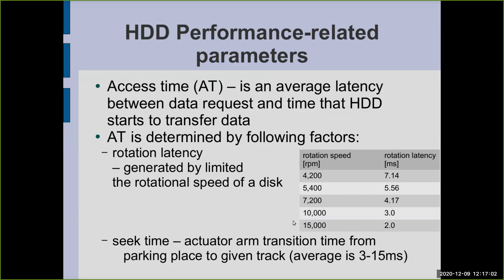If you want to buy a hard drive for, let's say, a NAS, to store your photos, what is better, a hard drive of 5,000 RPM or 7,000 RPM?